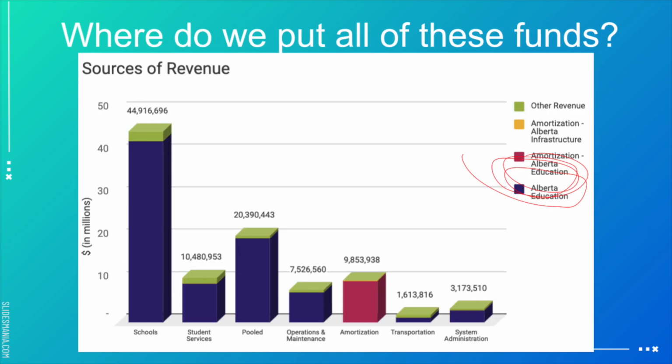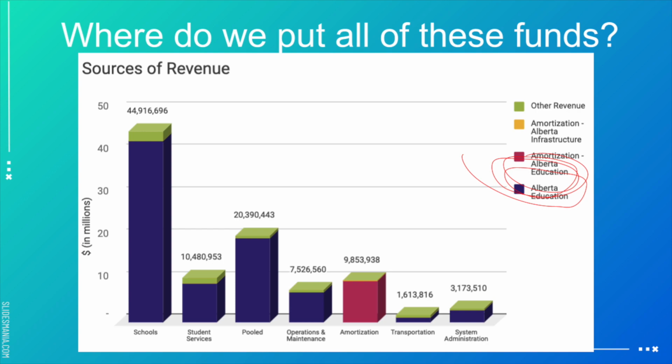The Board of Trustees is responsible for making fiscal decisions of where the money goes. And if you look just at the purple, which is the part that Alberta Education gives us, all of the purple in this diagram is what I'm talking about right now.